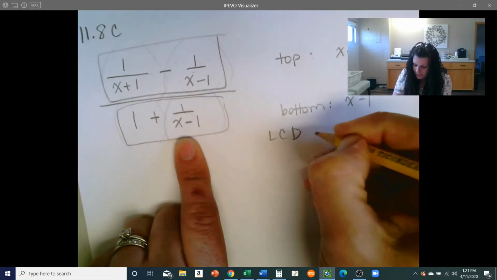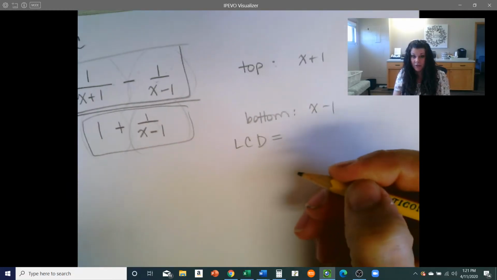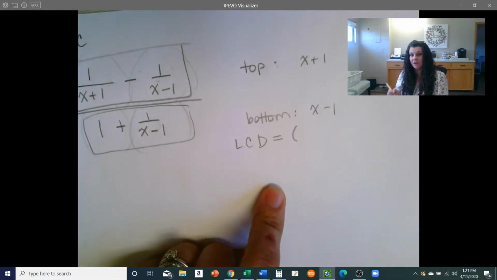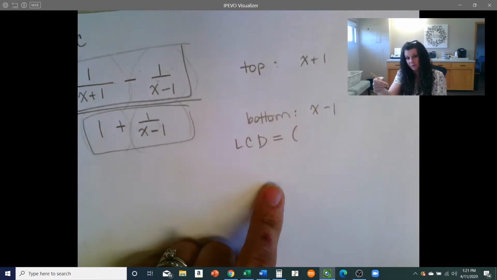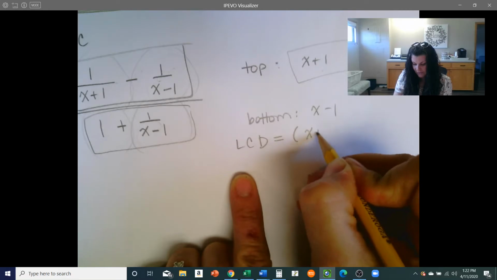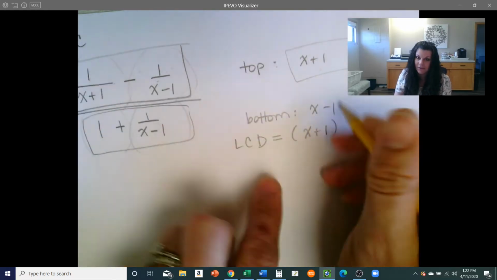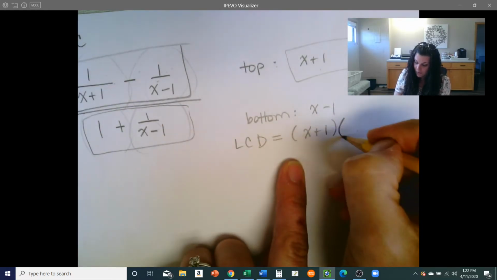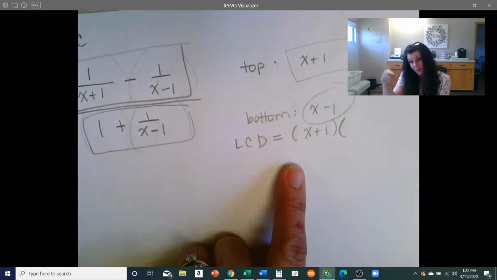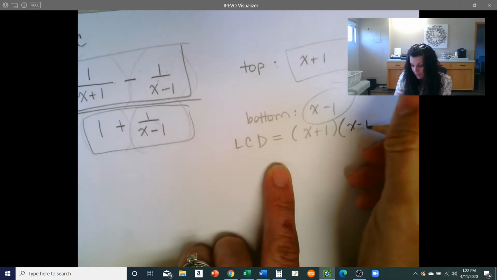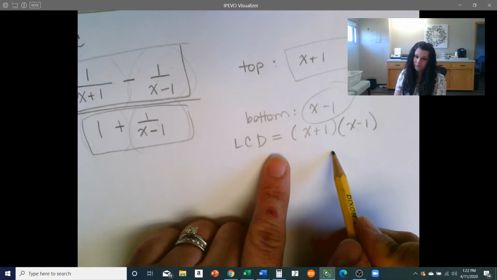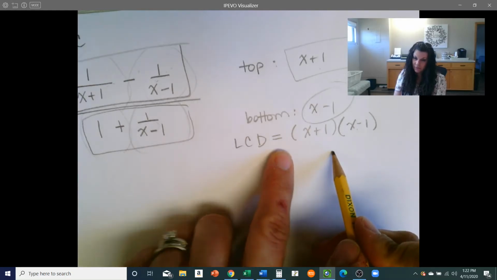My least common denominator is the product of every factor, the most amount of times they show up in one thing. So in here, the most x plus 1s I have is 1, and in here I don't have any. So the very most is 1. And in either of these, x minus 1 only shows up once in either of them. Okay. So this is my least common denominator.